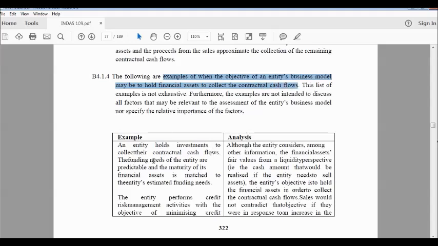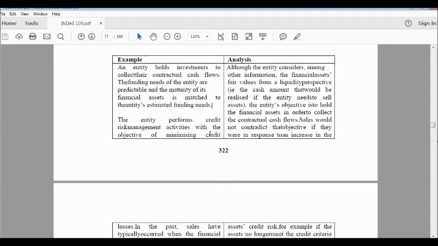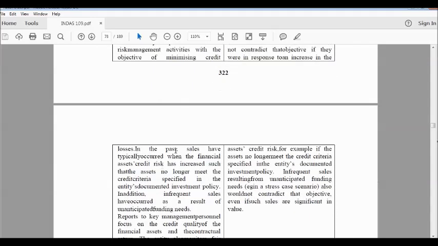The fund needs of the entity are predictable and the maturity of its financial assets is matched to the entity's estimated fund needs. The entity performs credit risk management activity with the objective of minimizing credit loss. In the past, sales have typically occurred when the financial asset's credit risk has increased such that the assets no longer meet the credit criteria specified in the entity's documented investment policy.